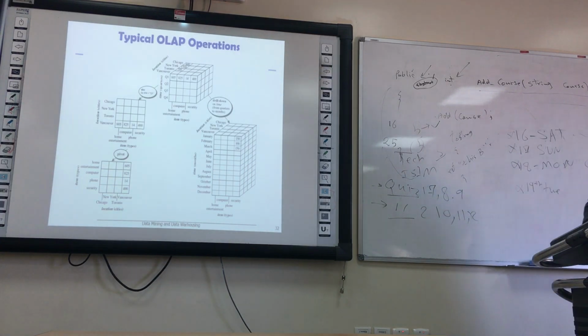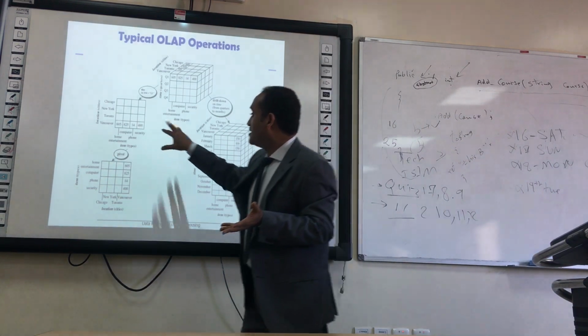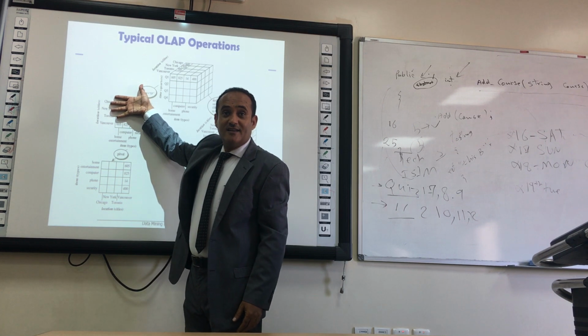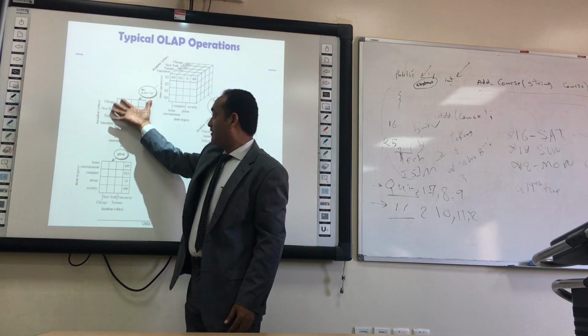Rotate, yes. What's the difference between the slice and this? Both are two dimensions? No. See, slice is just one slice. There is no depth, there is no other dimension here. It's like a table.